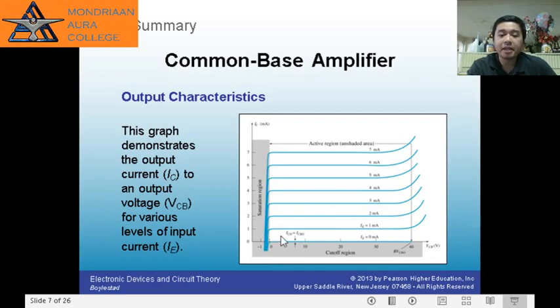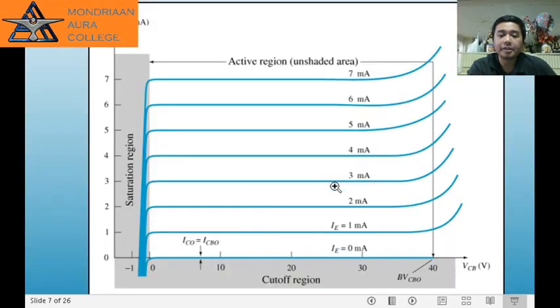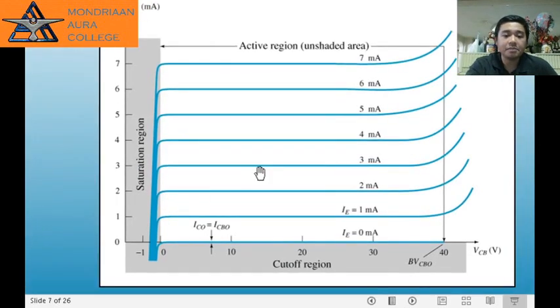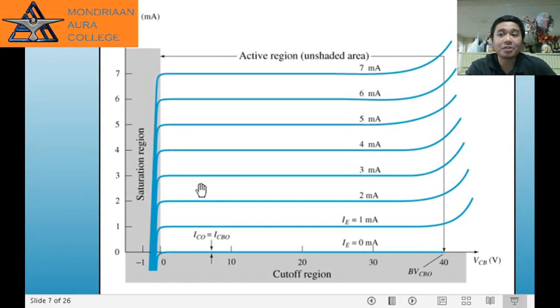Alright? But merong certain point na kahit increasean pa natin yung ating VCB, magkakaroon tayo ng tinatawag na saturation level or saturation point. Ibig sabihin, hindi na kaya mag-increase pa ng kuryente kahit increasean mo pa ng increasein yung ating voltahe.